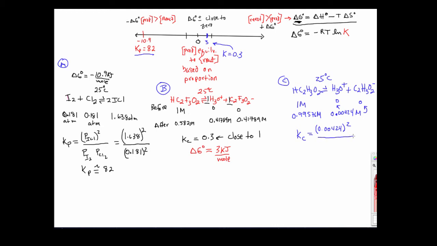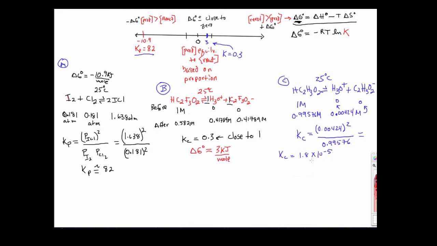And then this will be divided by 0.99576. Okay, now this Kc is about 1.8 times 10 to the minus fifth.